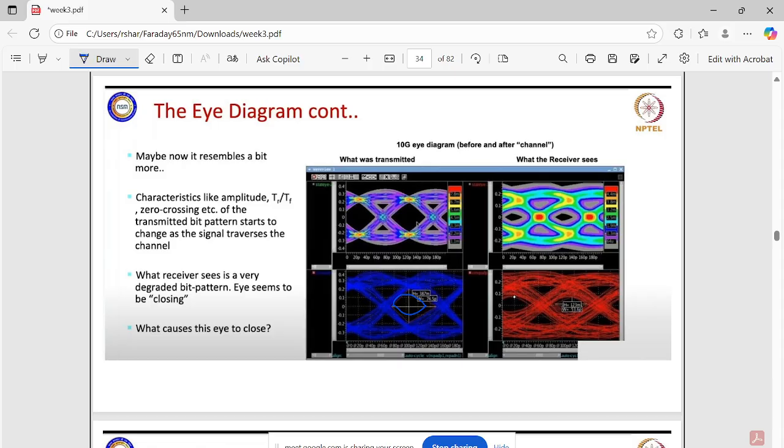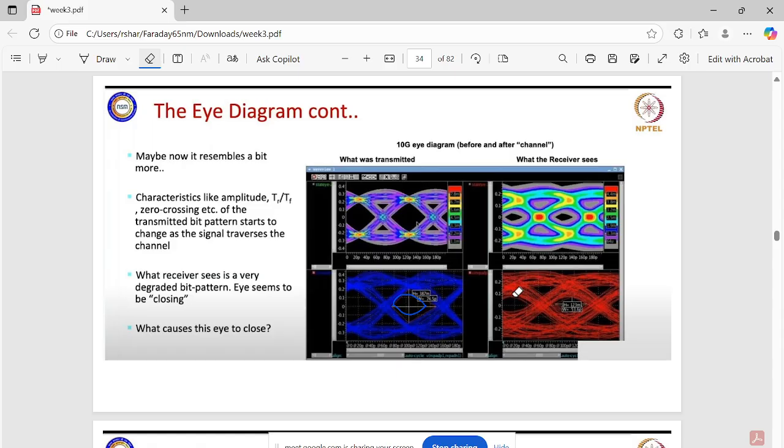When we are transmitting this data through a channel, the bit period or the eye diagram starts looking somewhat like this, or like this. There are some places where the eye is closing.